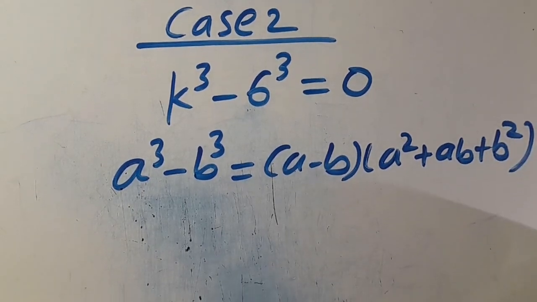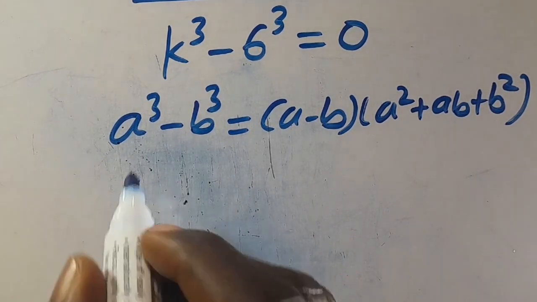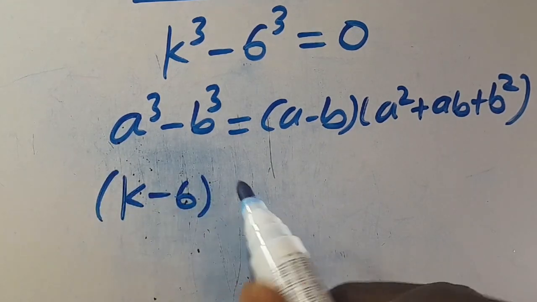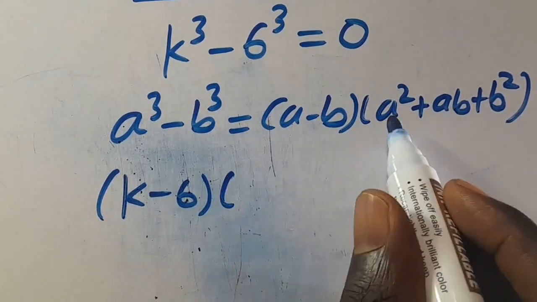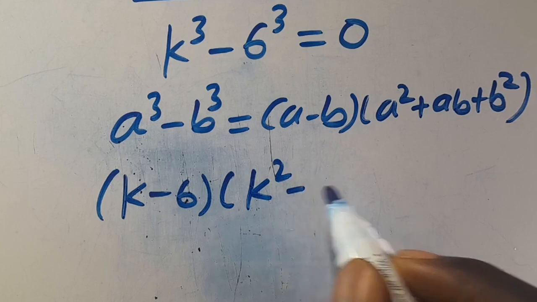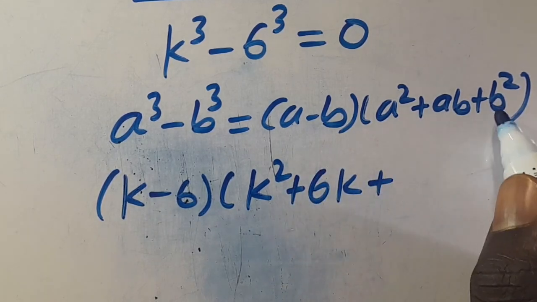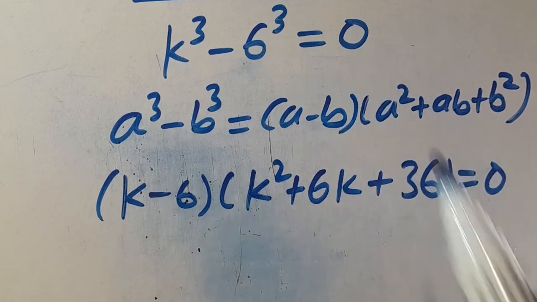Then from here, when we apply it, we are going to have k minus 6, because our a is k and our b is 6, then k squared plus 6k plus b squared, which will be 6 squared, 36. Then we set everything to be equal to 0.